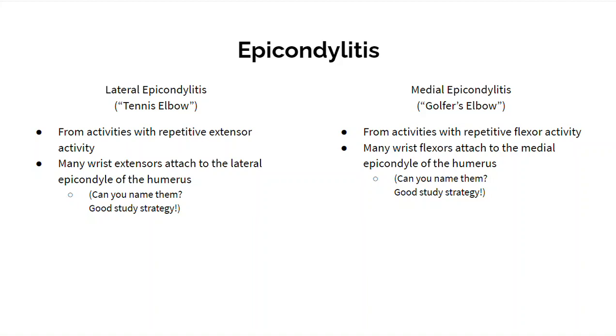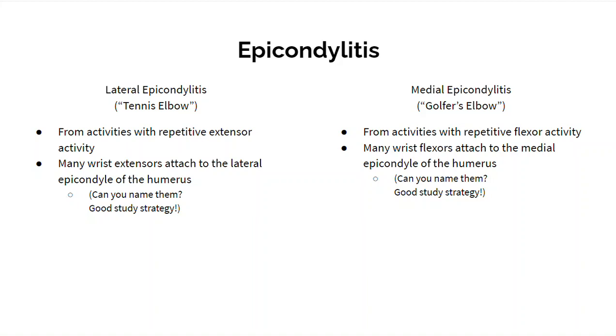And again, if you remember, the lateral epicondyle of the humerus is where all your extensor muscles start from. So if you have repeated activities with a lot of wrist extensor activity, then those muscles may be overworked and they're all pulling on their insertion point, the lateral epicondyle, and it may get inflamed.